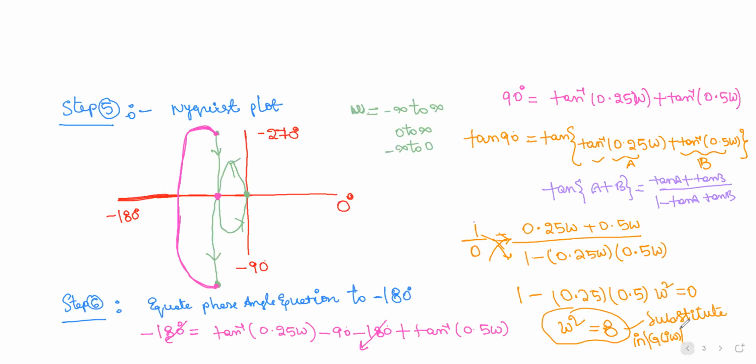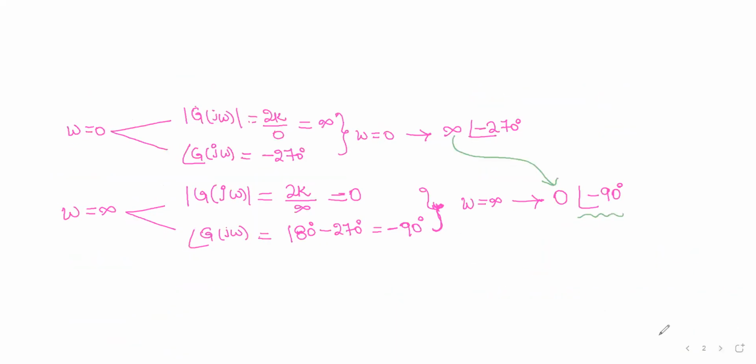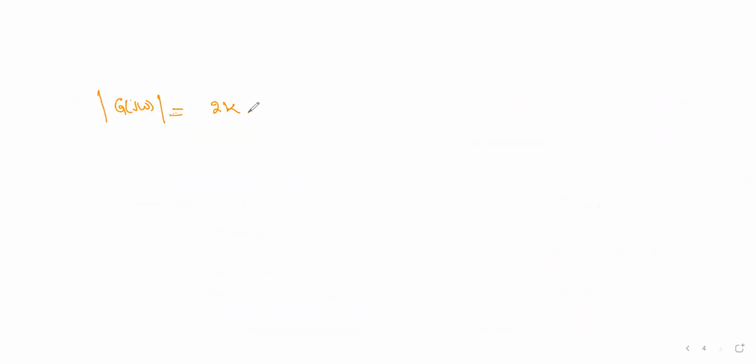Now modulus G of j omega equal to 2K root over 1 plus 0.25 omega whole square, means 0.25 whole square into omega square.